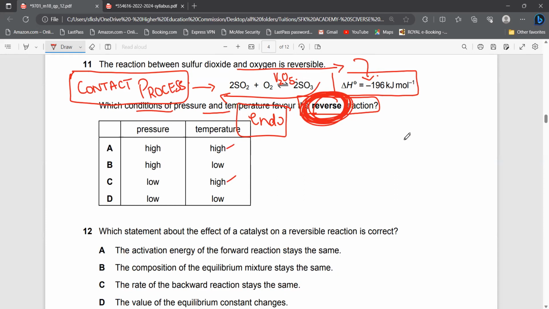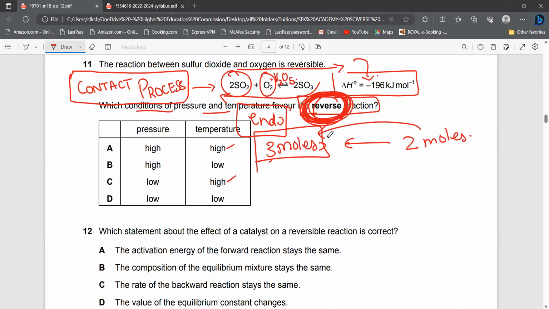If you look at the pressure side, 2 moles of gas on the right side, 3 moles of gas on the left side, because you've got 2 moles of sulfur dioxide and 1 mole of oxygen, so 3 moles in total. So from 2 to 3, you're going in the reverse order, from fewer moles to greater moles. You would need a lesser pressure.